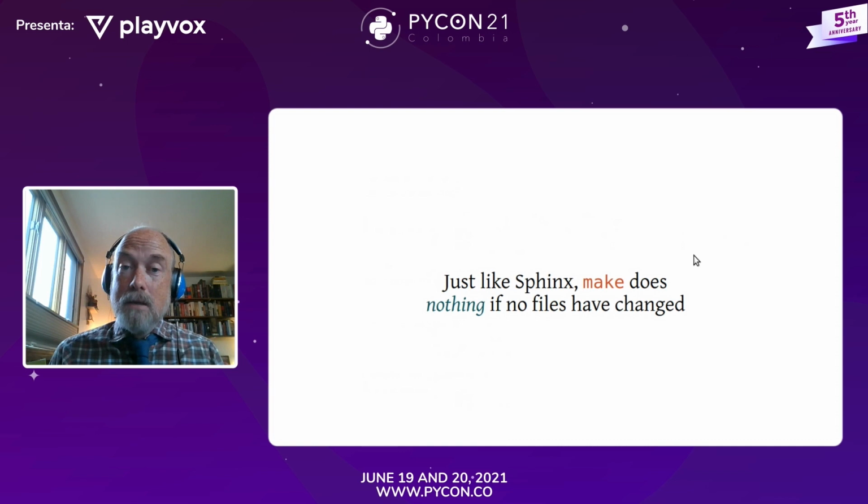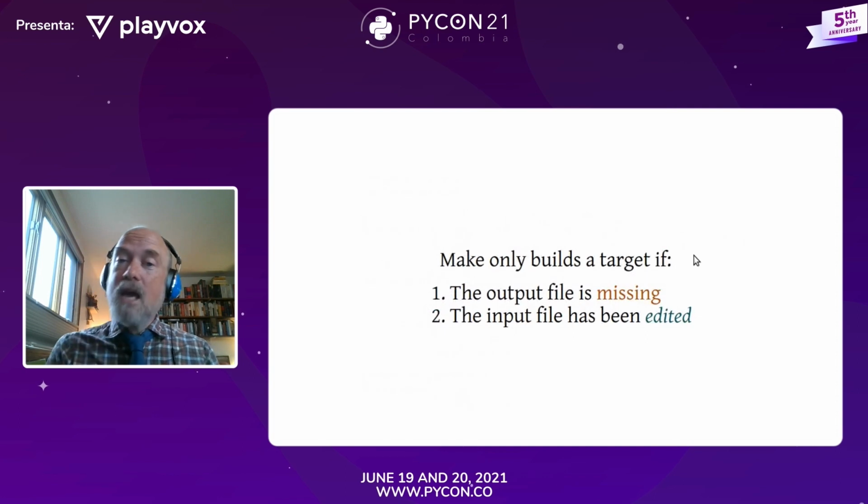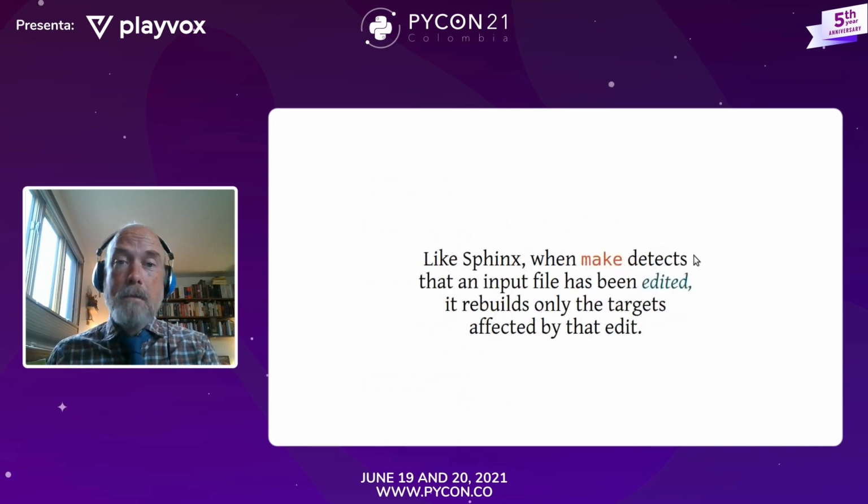Just like Sphinx, Make does nothing if no files have changed. Make only builds a target if either the output file is missing, needs to be built for the first time, or if the input file has been edited, making the output out of date.